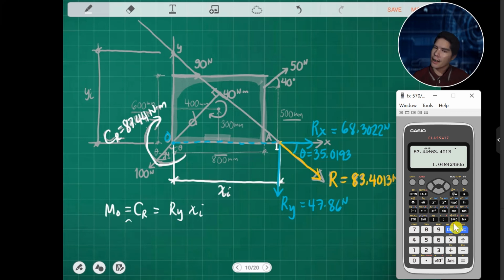Let's substitute the values. We have 87.44, and our Ry is 47.86, and this is our x-intercept. So we divide 87.44 by 47.86.